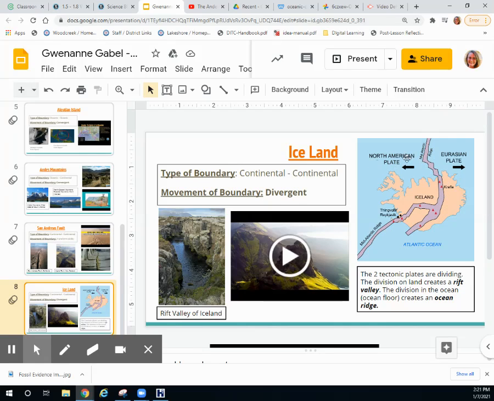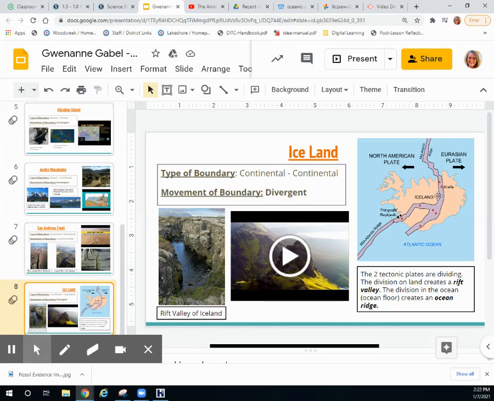So you have the North American plate going to the left, and the Eurasian plate going to the right. And this division goes all the way down through the Atlantic Ocean, past the east coast of South America. It's a very large boundary where these two plates are separating.